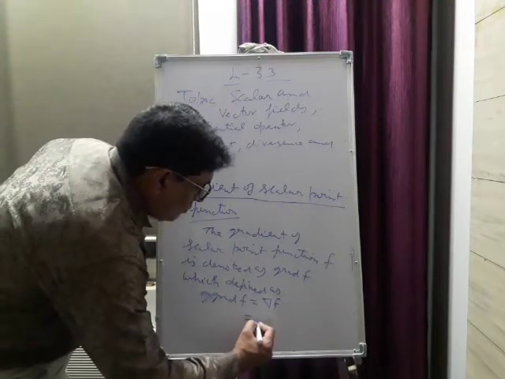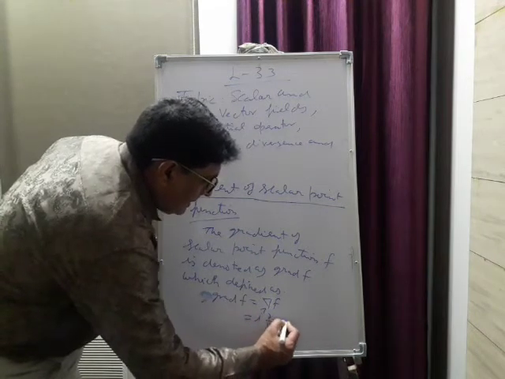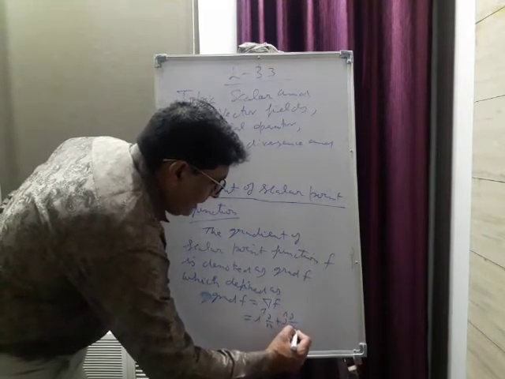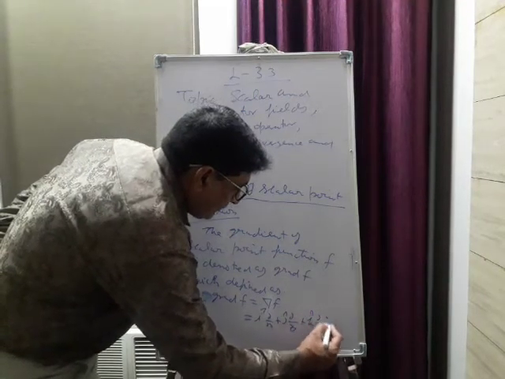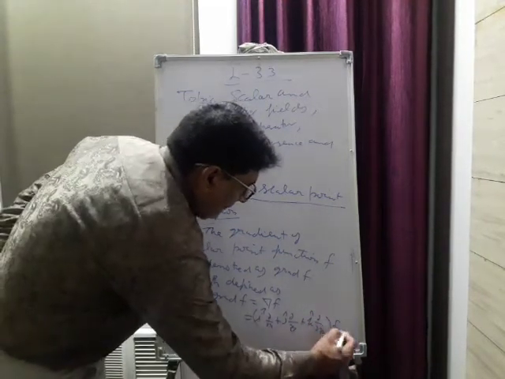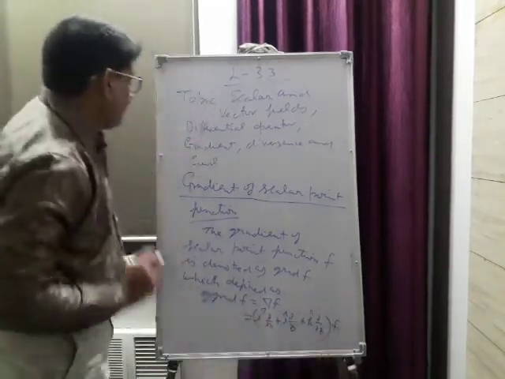So this becomes i cap del over del x plus j cap del over del y plus k cap del over del z of f. This is the value of del, and that is f.